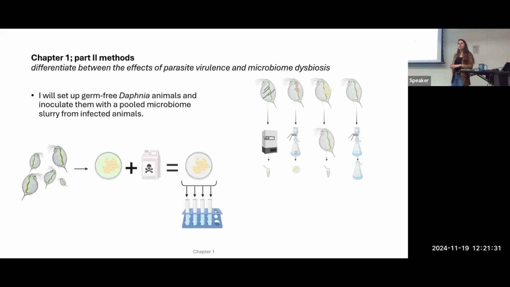So it's like the inverse of the filtration spore isolation I showed you, where instead I'm trying to remove the spores. So I'm inoculating these treatment groups with the microbiome itself after these hosts have been maximally exposed to their parasites.